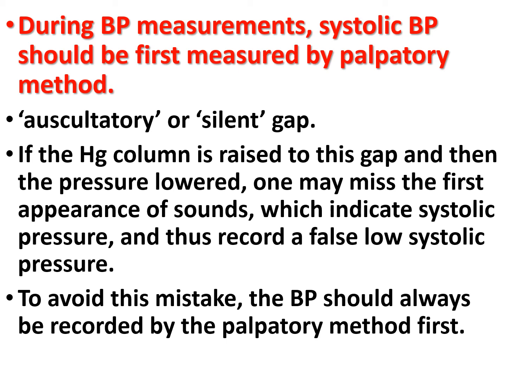If we record the blood pressure only by the auscultatory method, the systolic blood pressure may be underestimated due to the presence of the auscultatory gap, particularly in hypertensive individuals. During the palpatory method, this gap is not seen, so there will be an idea of the actual blood pressure. So the palpatory method is done before the auscultatory method to get an approximate value of systolic blood pressure.